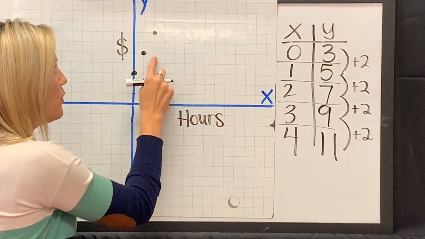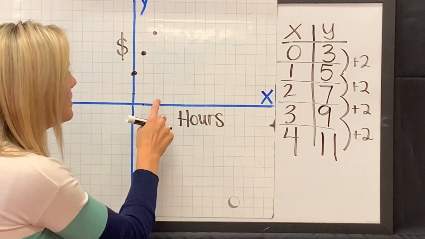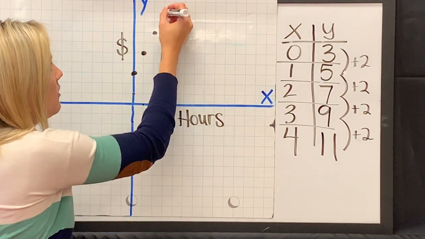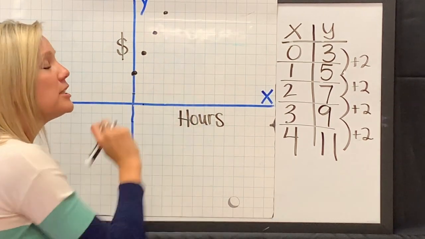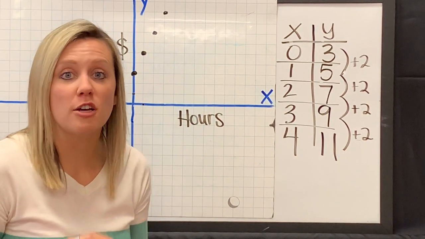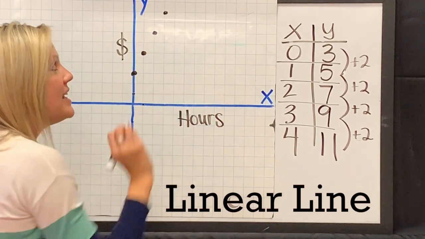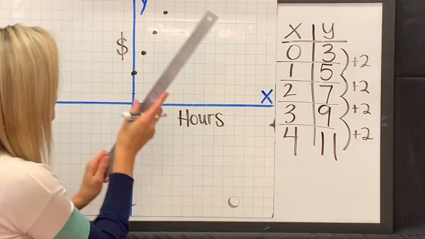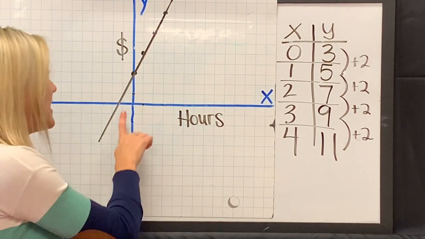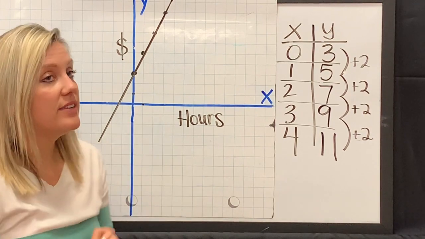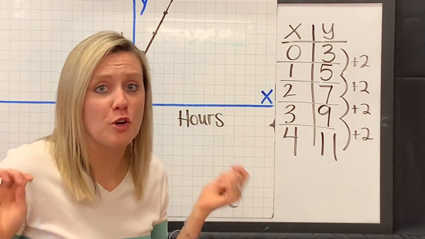1, 2, 3, 4, 5, 6, 7. After 3 hours of working, I'm going to be up to $9. And as soon as you start to see these points form a straight line, it is called a linear line. If it is straight, we can go ahead and connect these points. Now, the reason I extended this line into the negative is because I just wanted you to see what a line would look like on a coordinate graph.